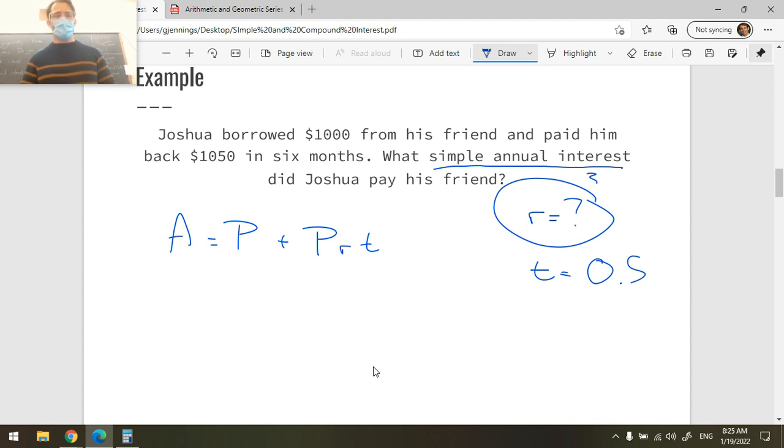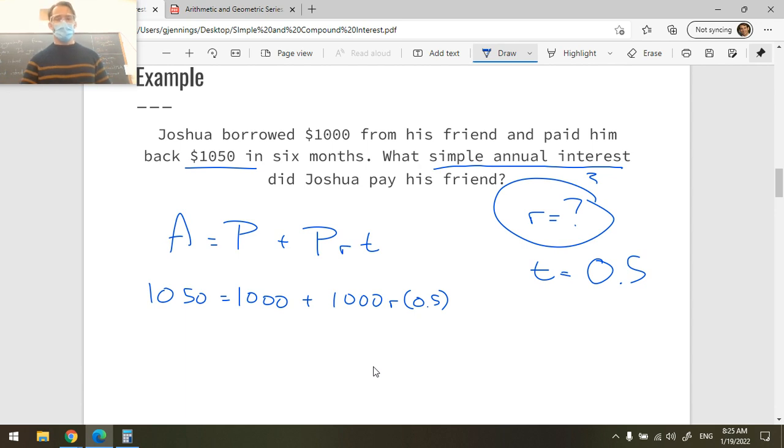Okay, so now the amount that he has to pay back, that's known actually, so let's not write in A again. Amount is here, so we'll write it in. 1,050 is equal to 1,000 plus 1,000 multiplied by R, which is unknown, multiplied by T, which is 1/2.